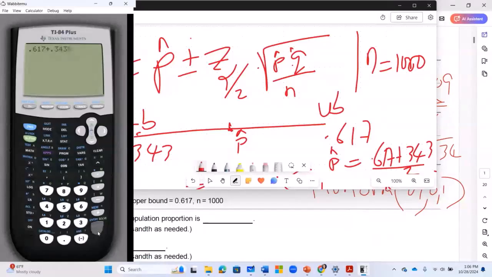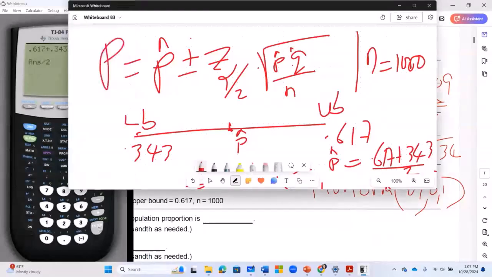When I hit enter, then divide by 2, my answer will be the point estimate. Therefore, the point estimate is 0.480. Okay, so I have answered the question about finding the point estimate.